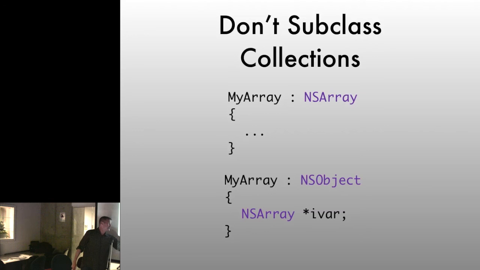In this case, we've got a class that has an NSArray within it, as opposed to trying to subclass the NSArray, and we access the instance variable instead of trying to subclass and handle all of the methods. If you want to subclass, go for it. It's an interesting exercise. There's a ton of documentation on it, but it's not a trivial thing to do. It's not the best way to do it.